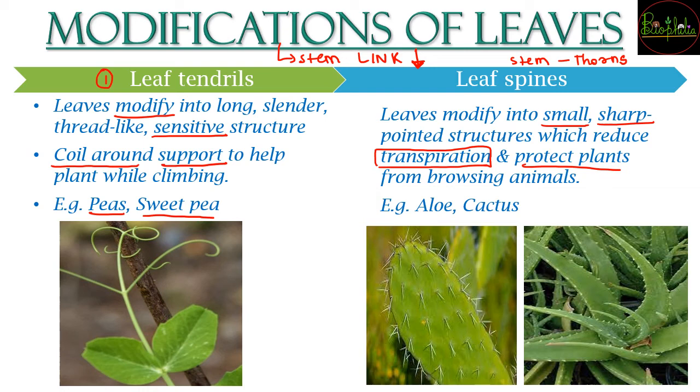So you might have remembered about the stem modification. Stem is going to modify into phylloclads. When it modifies into phylloclads, they become cylindrical fleshy stems, as in the case of cactus. Similarly, the leaf is going to get modified into leaf spines in the case of aloe vera and cactus.